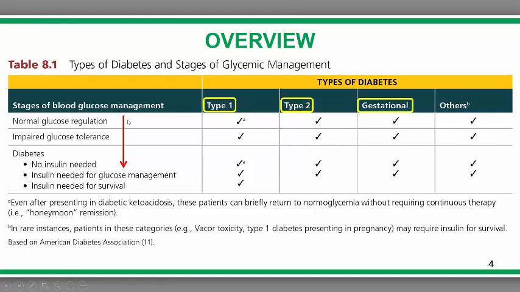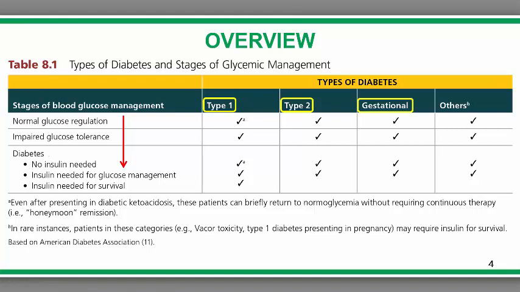But in the column on the left-hand side, as we move down the rows here, we see that this is a progression. There is a continuum from normal glucose regulation into impaired glucose regulation, which is common for all three types, and then that can progress into a full development of diabetes mellitus.